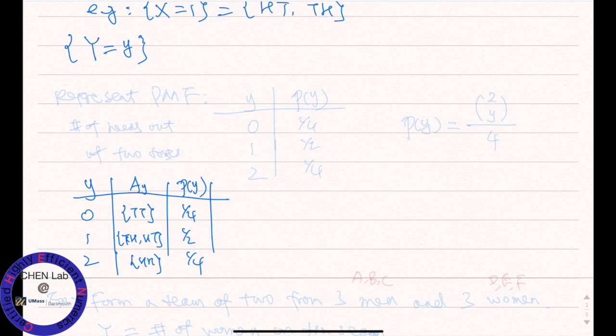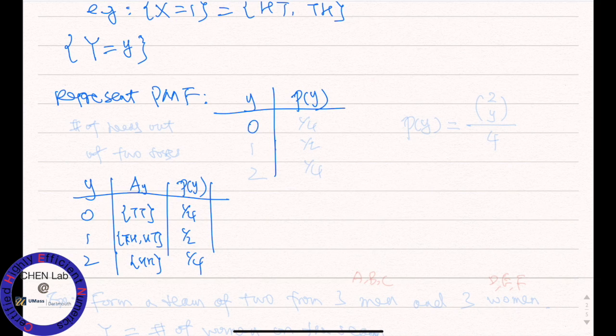So we go back to that same simple example. One way to represent the PMF is to just list the values as we did above. It's y, p of y, or little x, p of x, it doesn't really matter.